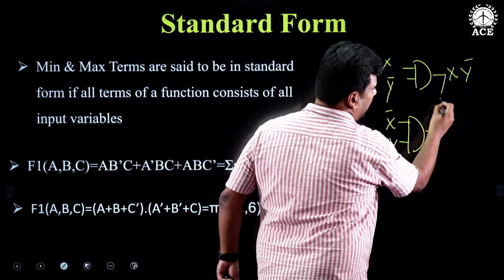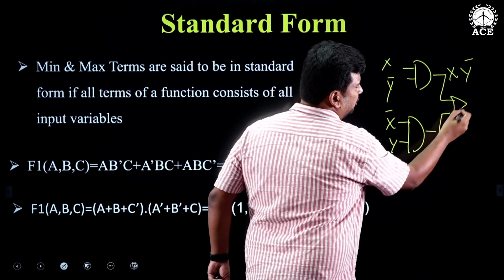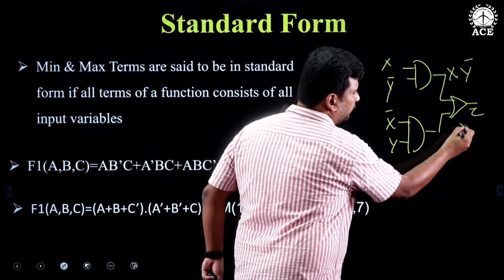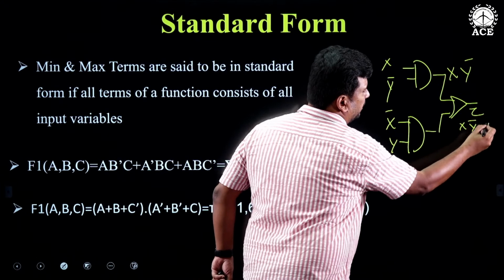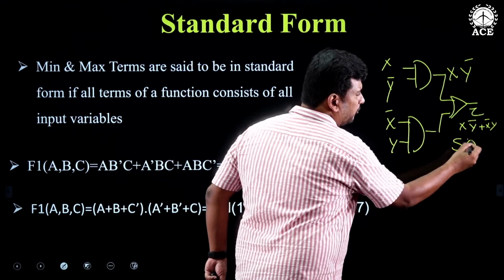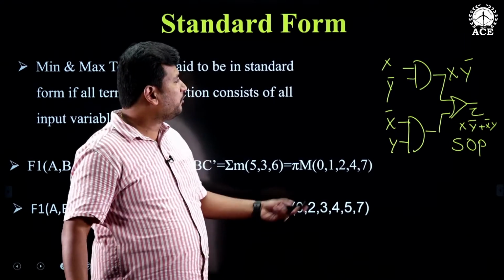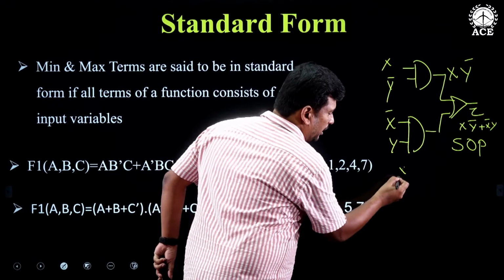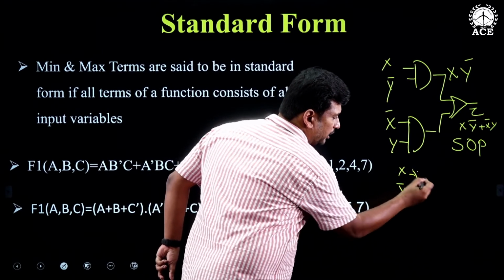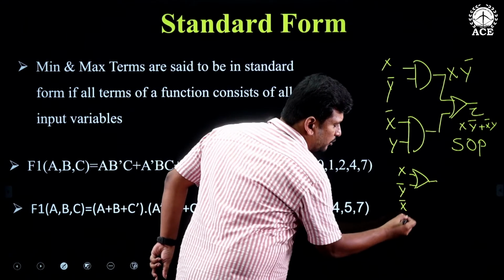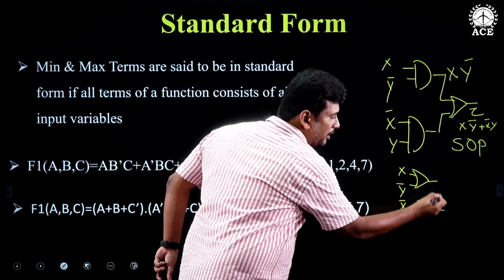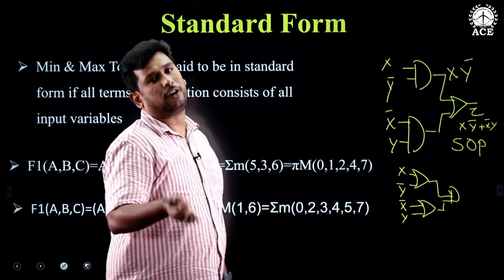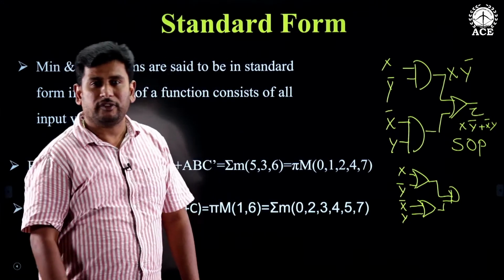After that, we apply them to an OR gate so that you get your output Z. So this Z, which is X Y complement plus X complement Y, is called sum of products. The same with product of sums. There you will first have OR gates, and then you apply these OR gates to your AND gate. You call it first sums, then the product. So that will be referred to as product of sums.